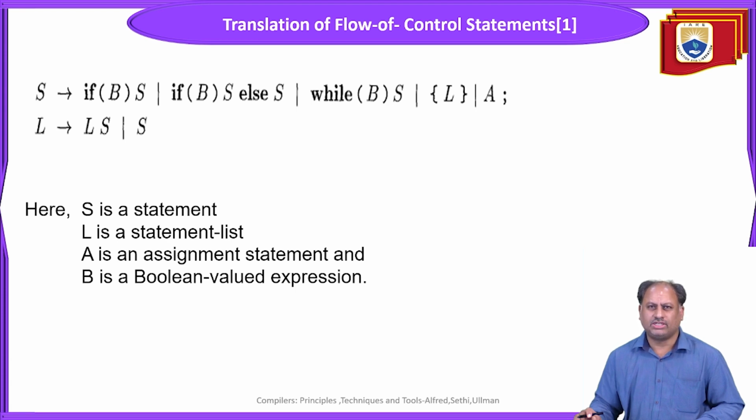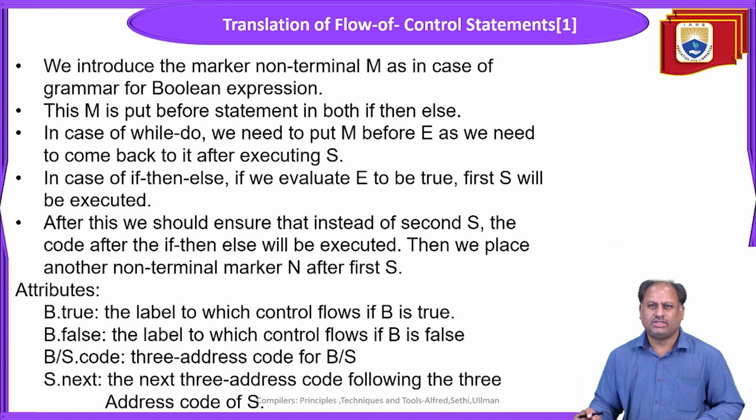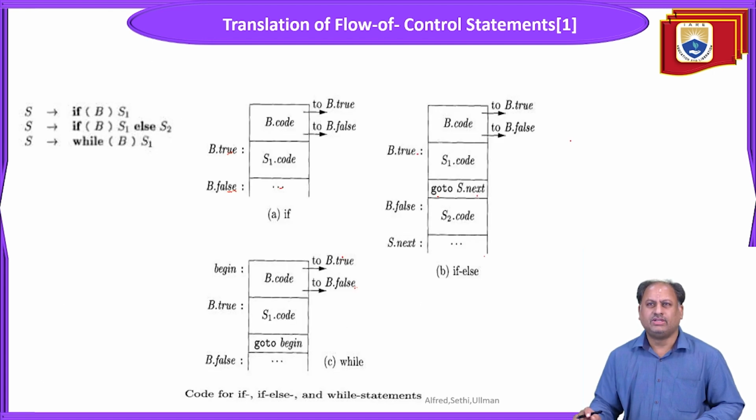Then flow of control structures such as if statement, if else, and while structure are assigned different labels, putting markers as labels before the code of a statement or after a certain list of statements, and the code is completed with the expression values true and false. If it reaches a certain region, that particular code has to be executed.